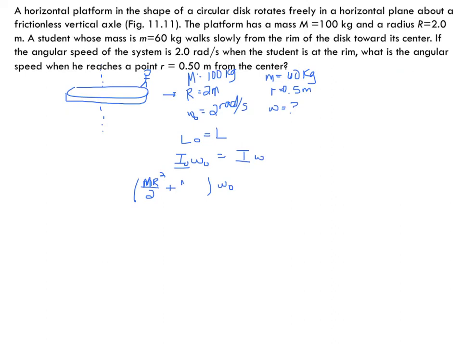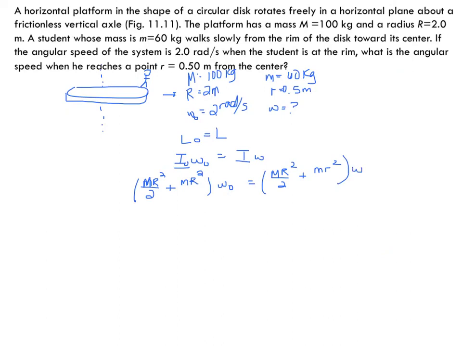So we can say that this is lowercase m capital R squared. At the end, the moment of inertia of the disc has not changed, and the moment of inertia of the boy has. And what we're trying to solve for is this omega.